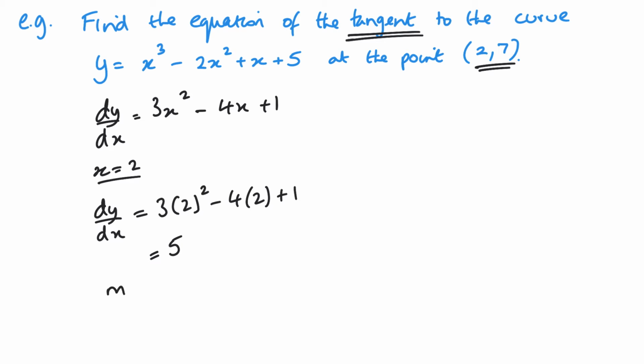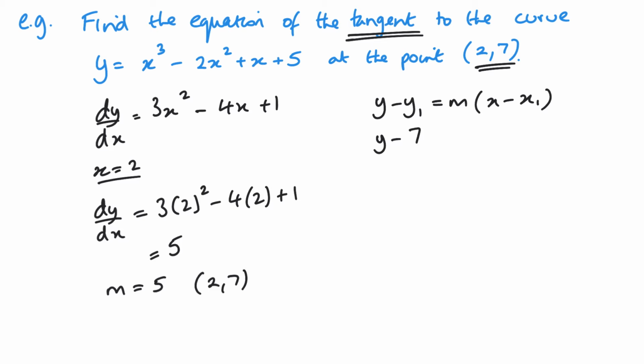So in this case, m is 5, and I know my coordinates are (2, 7). So what I can now do is use the equation for finding a straight line. You can also use y equals mx plus c, but as I've previously stated in my videos, this is definitely my preferred method.